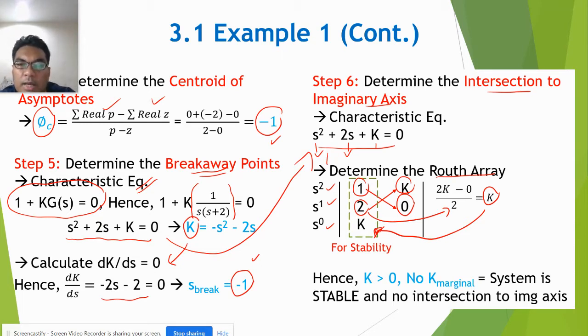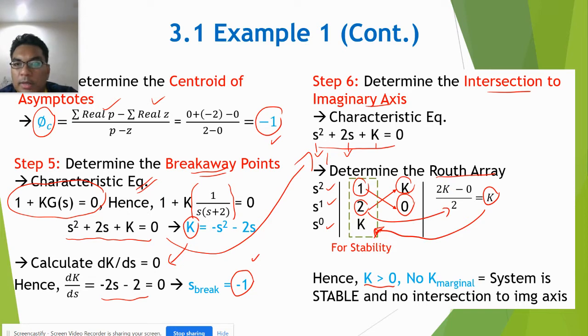But if you have a higher order system, there will be more steps below, as shown in the example previously. Hence you can plot k greater than 0, and there is no marginal k, because the equation has a direct solution when s to the power of 0 is at this location. So basically you have no marginal k, the system is stable and the root locus does not cross the imaginary axis. But in a higher order system, you can have such points.